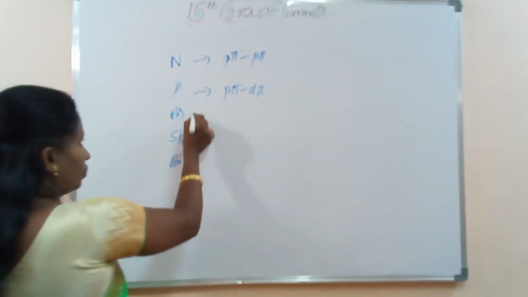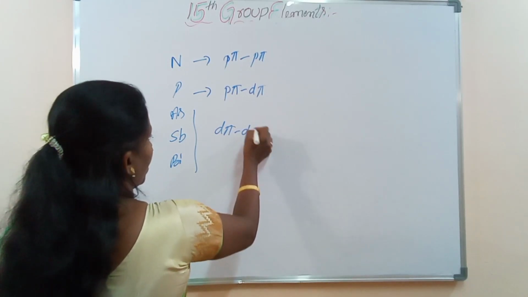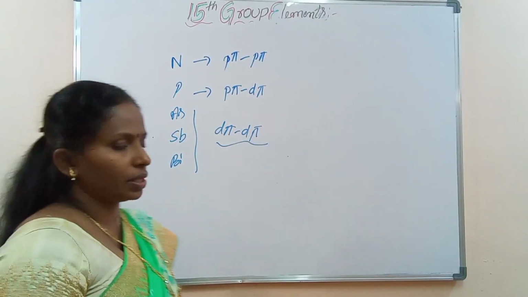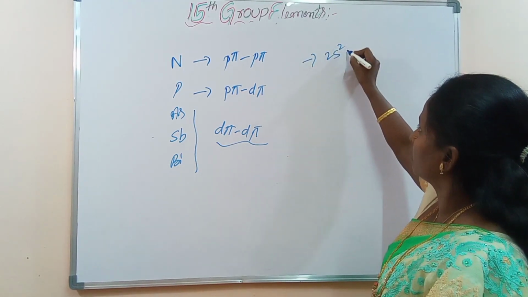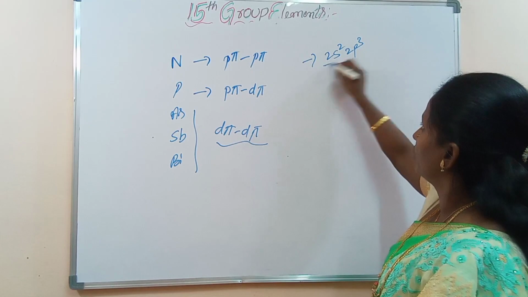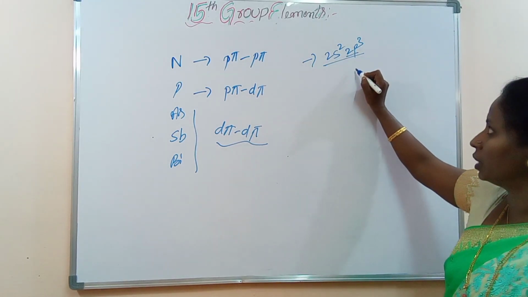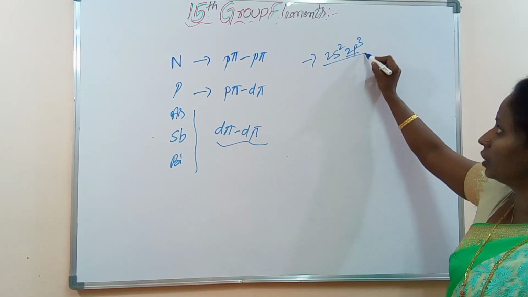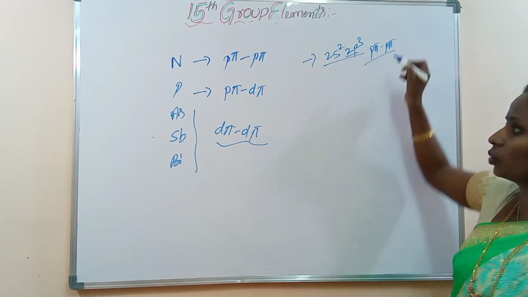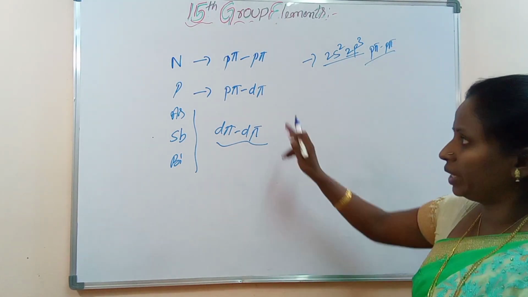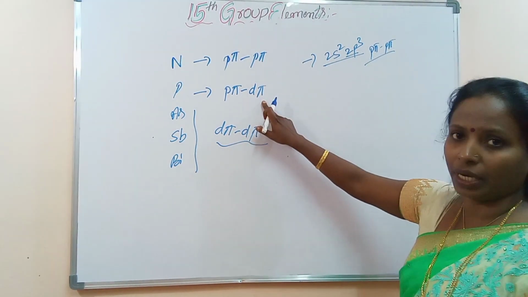If you go down the group, we observe d pi bonds also. Look here, in nitrogen we have 2s2 2p3, so only p orbitals are available, with unpaired electrons, and so it is going to form only p pi bonds. But in case of phosphorus, it is going to form p pi and d pi also.